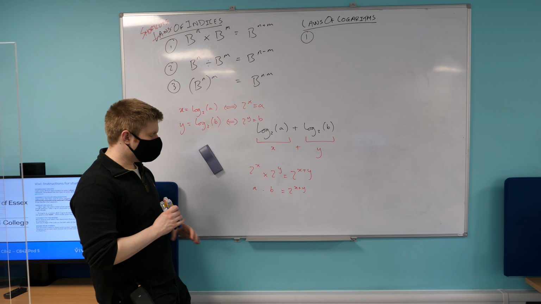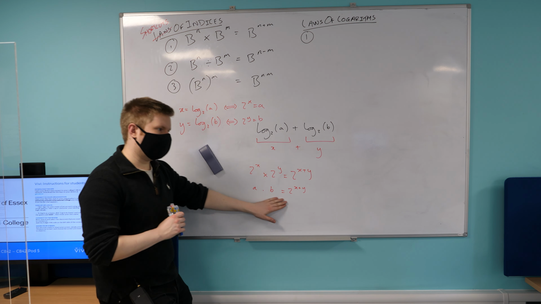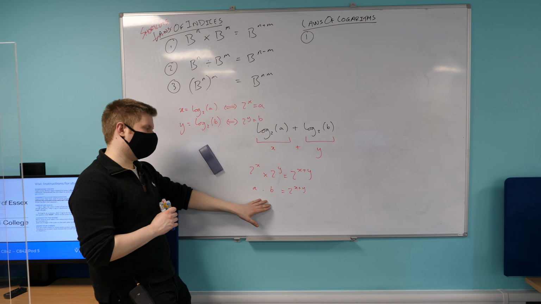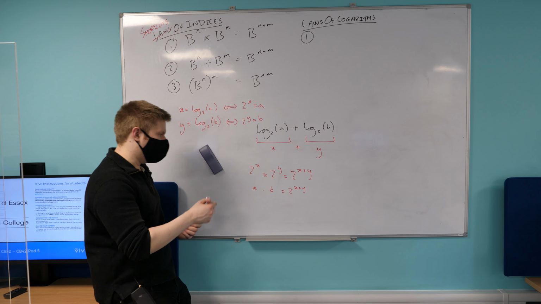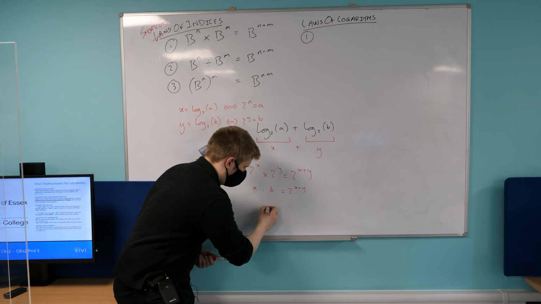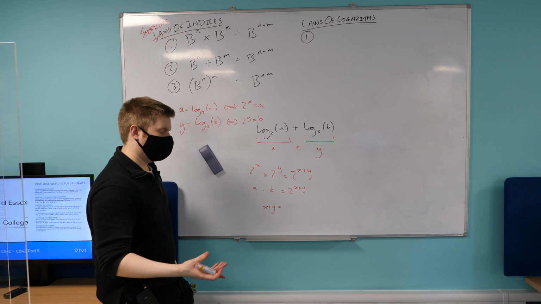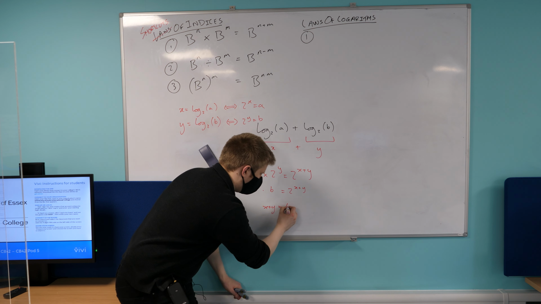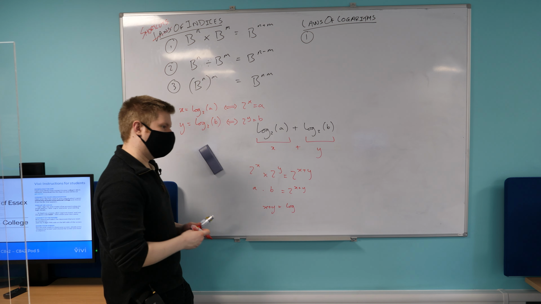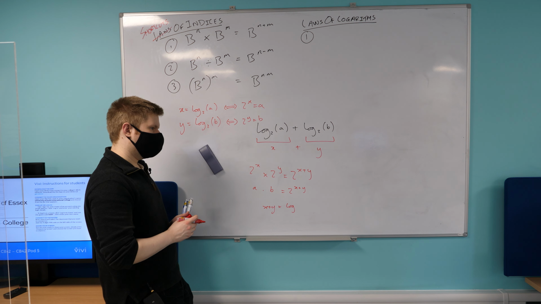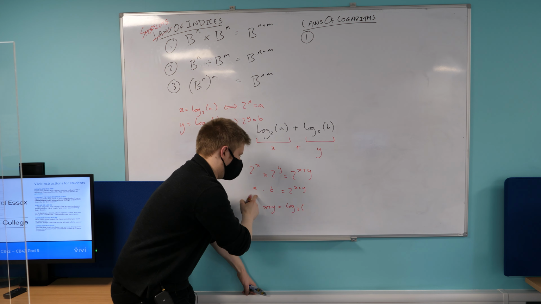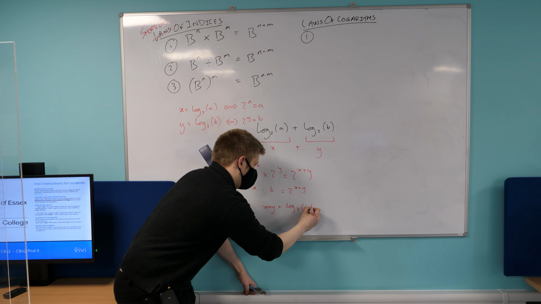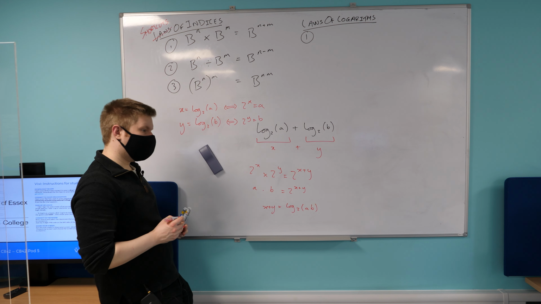Now, if I was going to convert this back into logarithm format, let's do it together. The power, in other words the x plus y, would be log, what's my base? It's the 2, and my number in this case is just a times b. Is that okay?